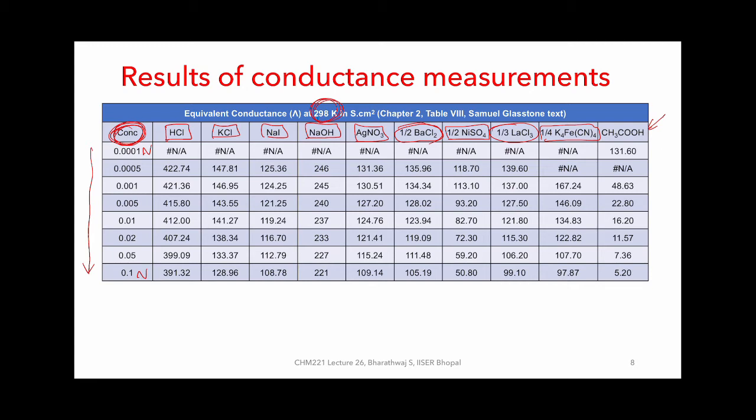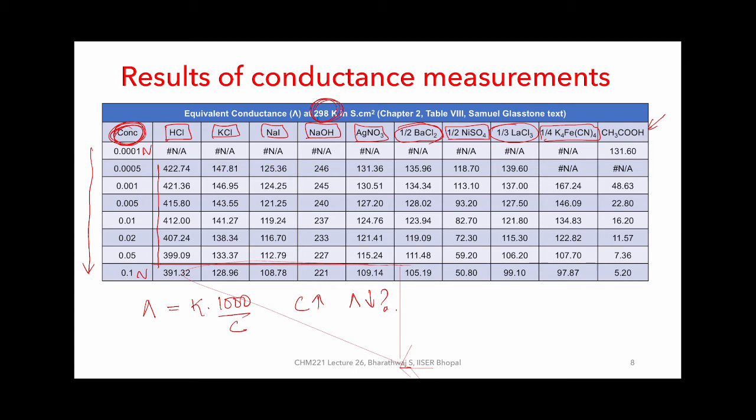The first thing that we had learned earlier is that lambda is going to be given by kappa times 1000 over C. So the first question we ask is, as we increase concentration, does lambda decrease? Let's take the example of hydrochloric acid, and what you're able to realize is that yes, as you increase concentration, you are able to see a decrease in equivalent conductance.